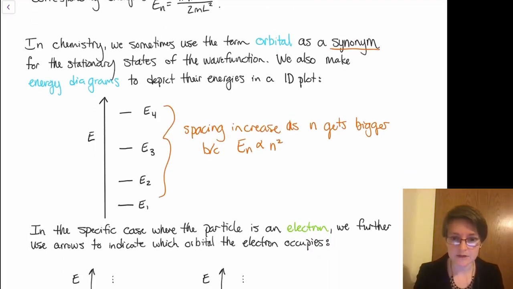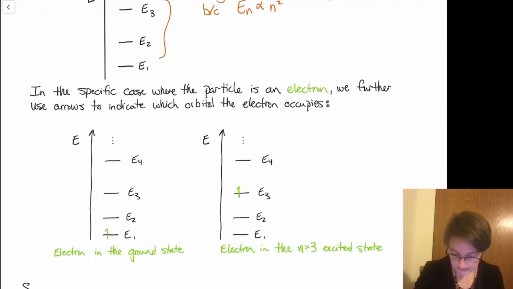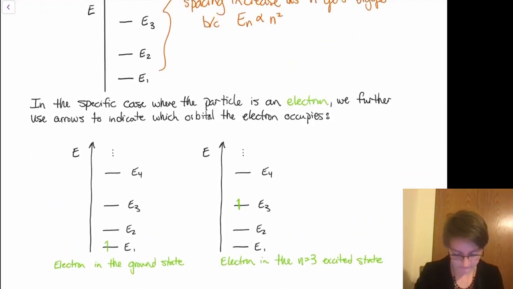Now, for these energy level diagrams, if we're dealing with a specific case, which we frequently do in chemistry, where our particle of interest is an electron, we often use arrows to indicate which state that electron is in, or what orbital the electron occupies, if you like that better.